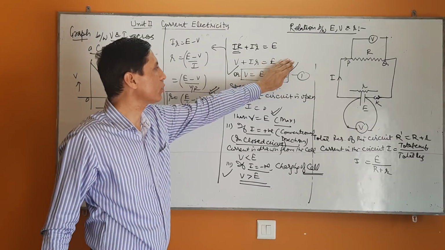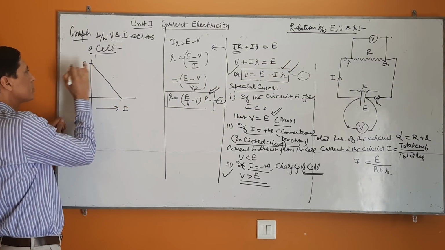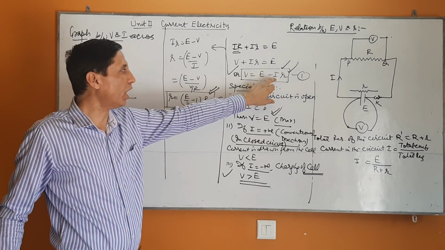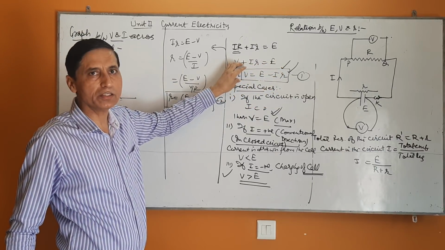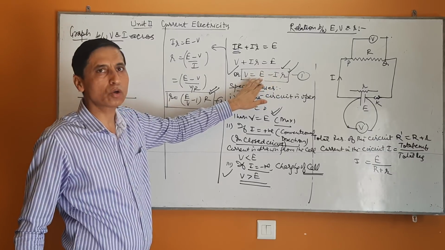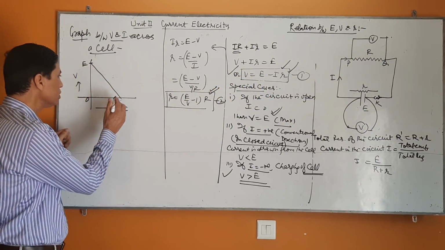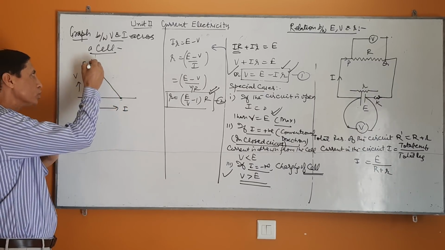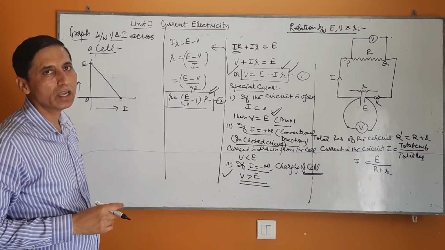When I is equal to 0, then what about V? V is equal to E. On this axis, suppose it starts from this point, this is E. As I increases, when current is drawn from the cell, the factor Ir increases, and this value V decreases, and when Ir becomes equal to E, then V will become E minus E, which is 0. So this graph shows the graph between V and I in case of a cell.